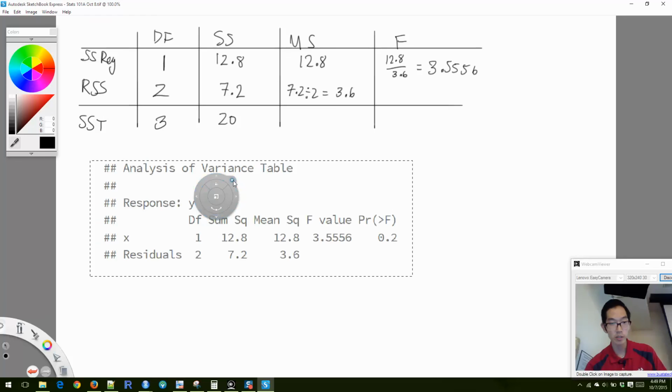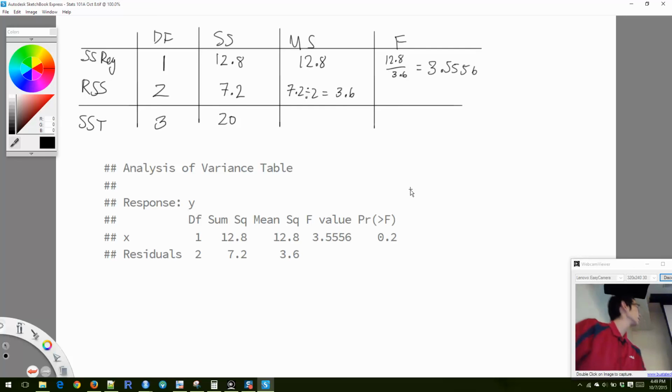Okay, so that's nice. Our ANOVA table matches the one from R, 12.8 and 7.2 with the mean squares and the F, okay? And so I hope this at least sheds some light into what ANOVA is doing.